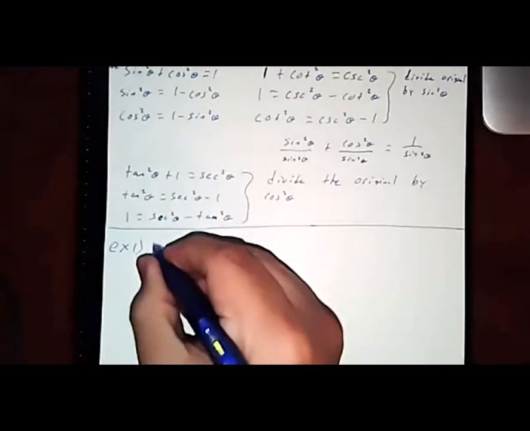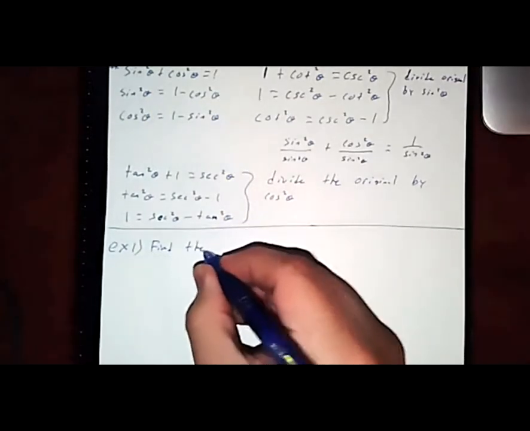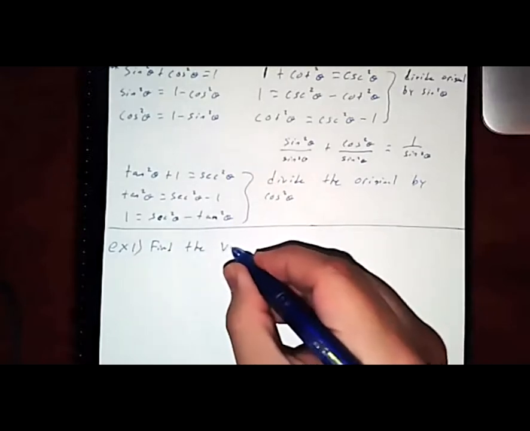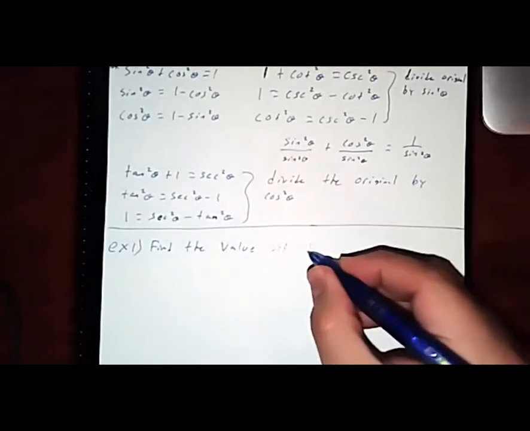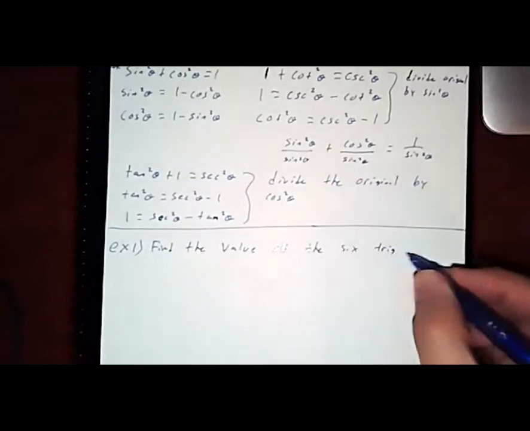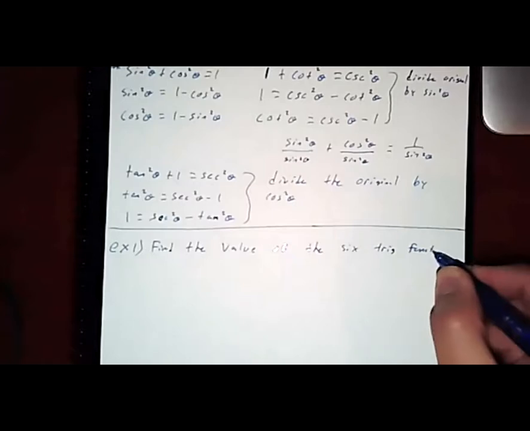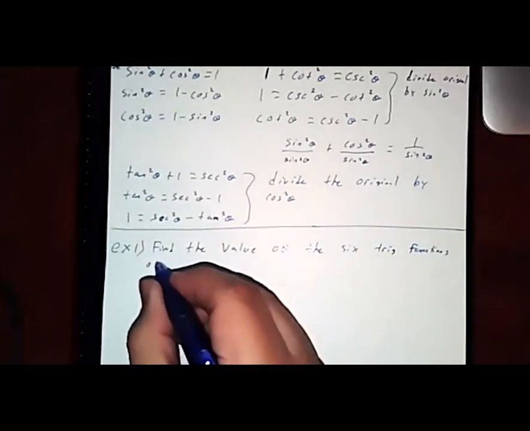Okay. So find the value of the 6 trig functions. So it starts off kind of straightforward, and they give you a triangle.